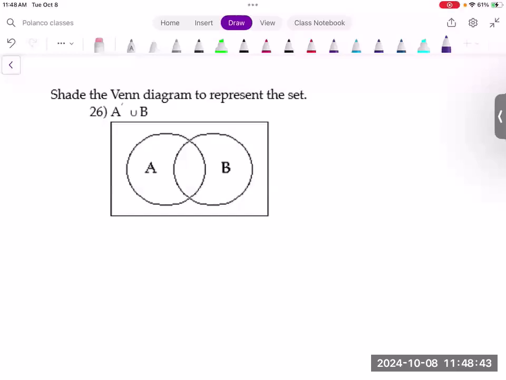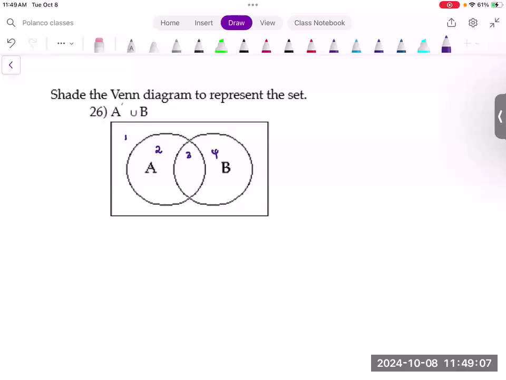All right, 26. How can I get A prime union B? That's another similar question. So what I can do with this, I'm going to add elements in there. I think that's the way that you do it. I'm going to call this 1, 2, 3, 4.